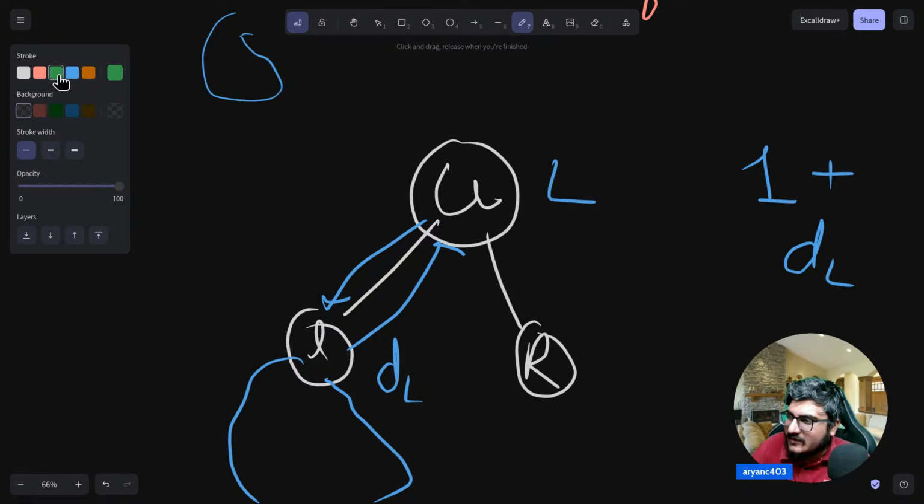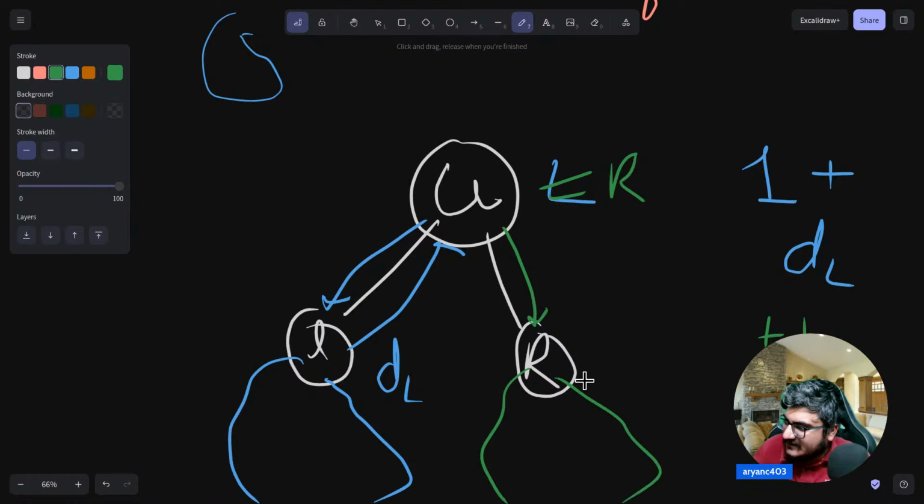Once you are at the parent, you will change that L to R and go to the right child. Then you will do something here and go back to the parent again, which would be your DR. And then since you have R written over here, you will erase it and go to the parent here.